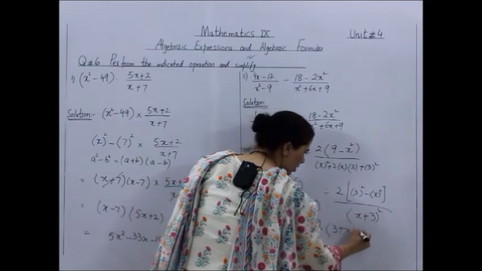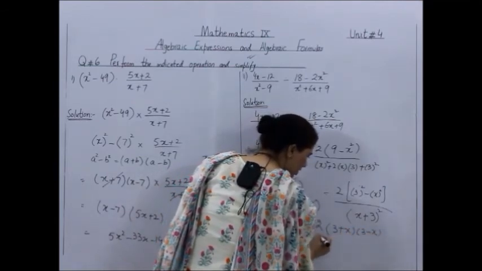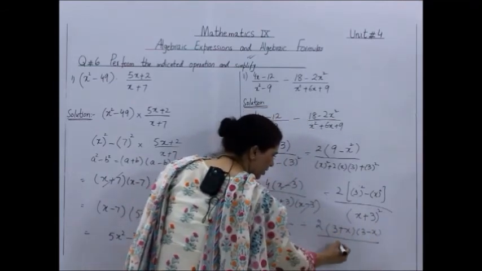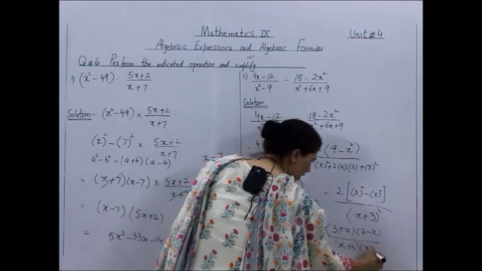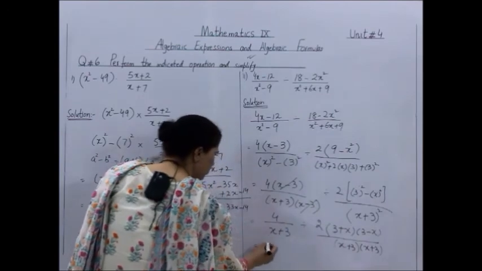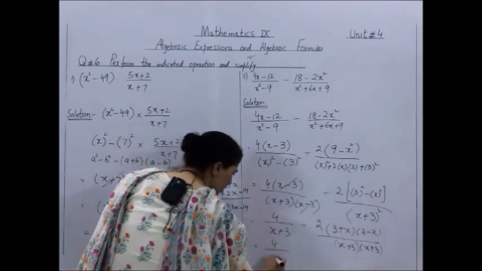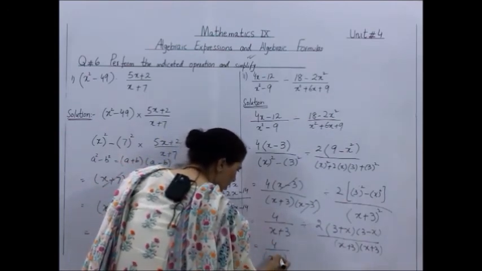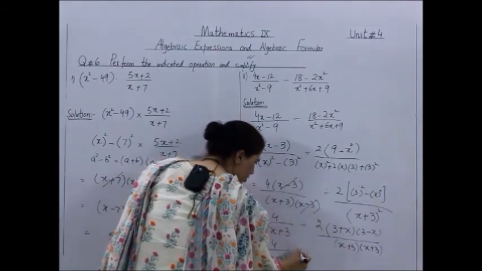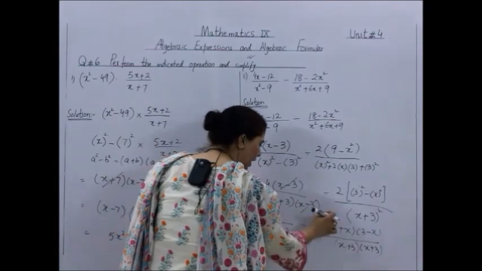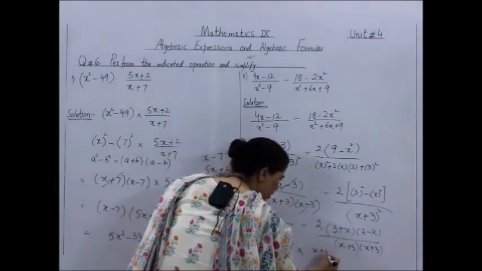Plus x, 3 minus x, and you can write this x plus 3 whole square as x plus 3, x plus 3. This is the division sign. It will be changed into multiply, and for the fraction, we take the reciprocal.